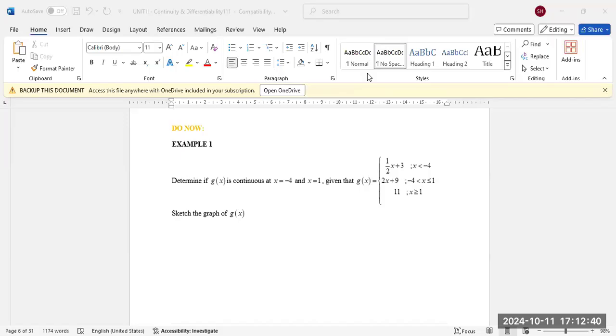I have a question about the homework, sir. If you say you have two x values, is it a case where you have to work out both of them?